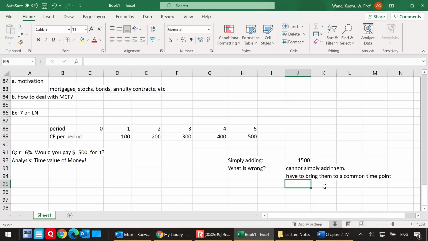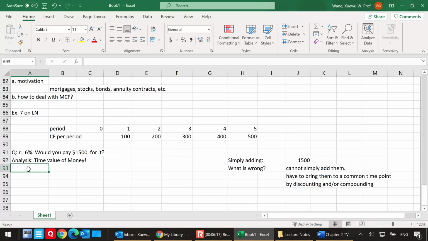I'm pretty sure you discussed this in Finance 201. You can do this by discounting or compounding. Only after you bring all these cash flows to a common time point can you then add all these present values.